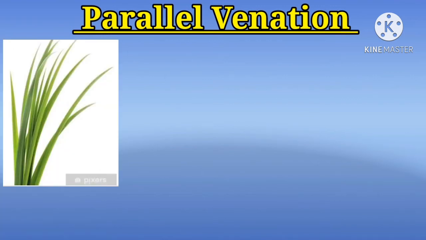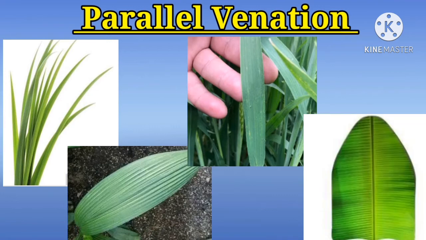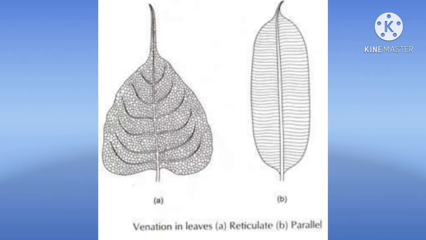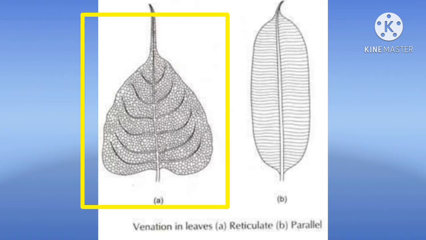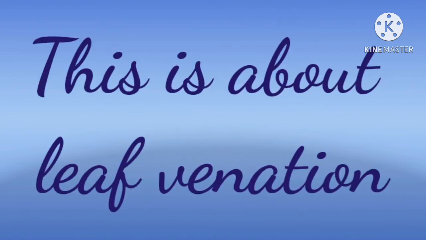Examples are grass, maize, wheat, banana, etc. So children, here we have two leaves. The first leaf is showing reticulate venation. The second leaf is showing parallel venation. Okay, this is about leaf venation.